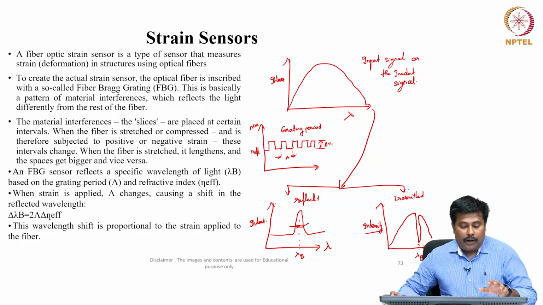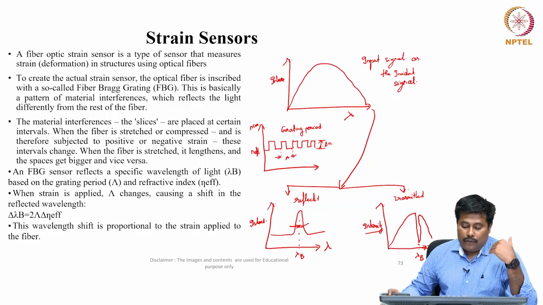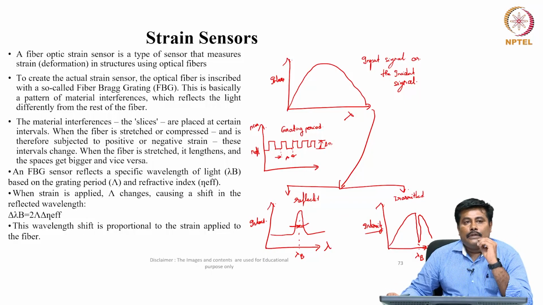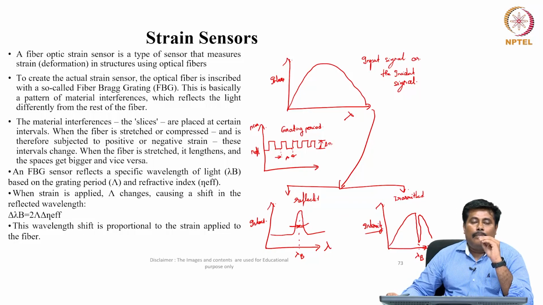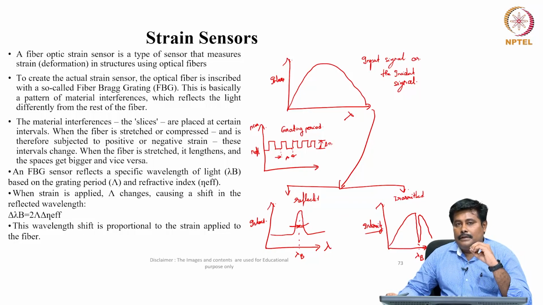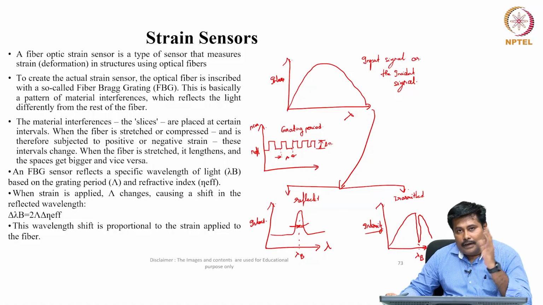so a fiber optic strain sensor here is used for the structural strain measurements. So, to create the actual strain sensor, the optical fiber is inscribed with the FBG grating, which is basically a pattern of material interference which reflects the light differently from the rest of the fiber.